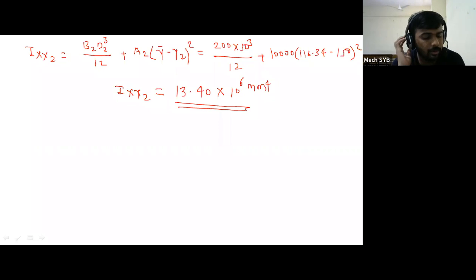Everyone has to do the calculations and send your answers in the chat box. 13.40 or 13.41 into 10 raised to 6 mm raised to 4. We check and verify your answers through your calculation.